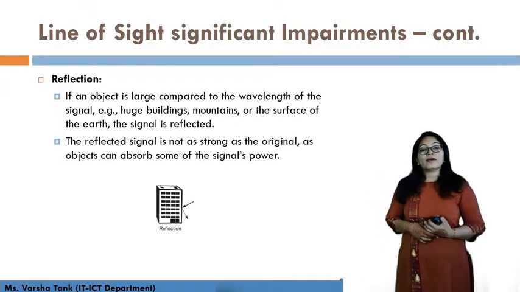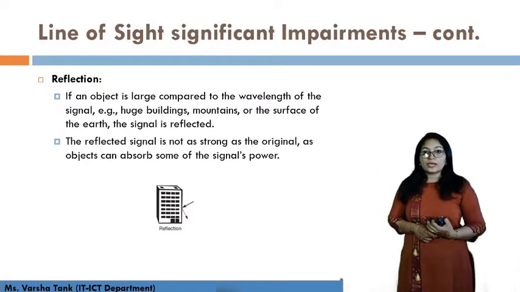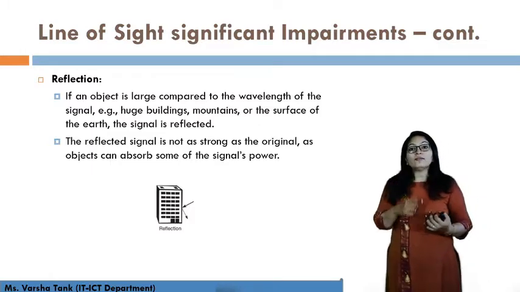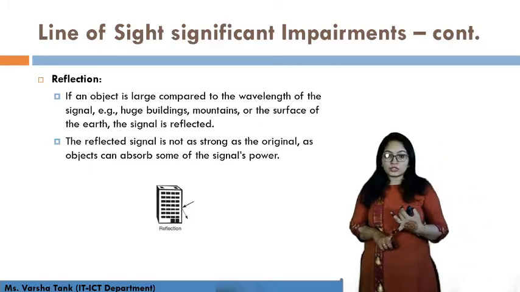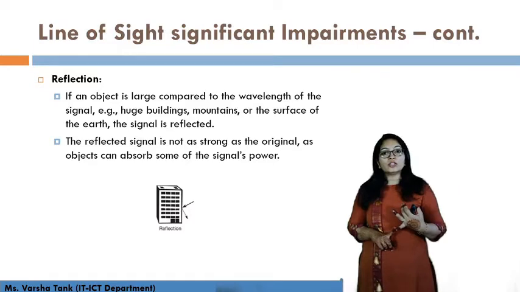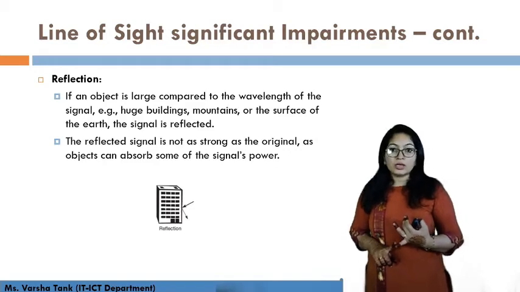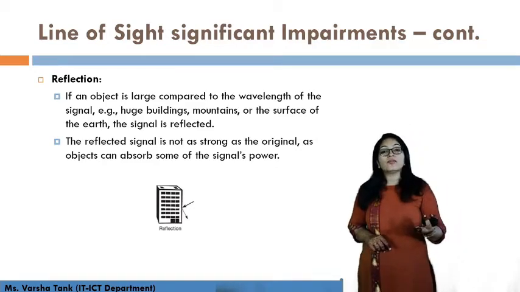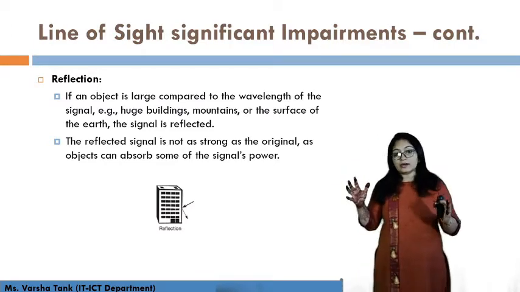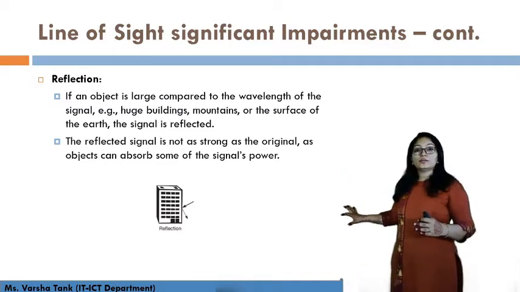The next effect is reflection. If an object is large compared to the wavelength of the signal, for example a huge building, mountains, or the surface of the earth, the signal is reflected. So if the size of the obstacle is large, the signal is going to be reflected.